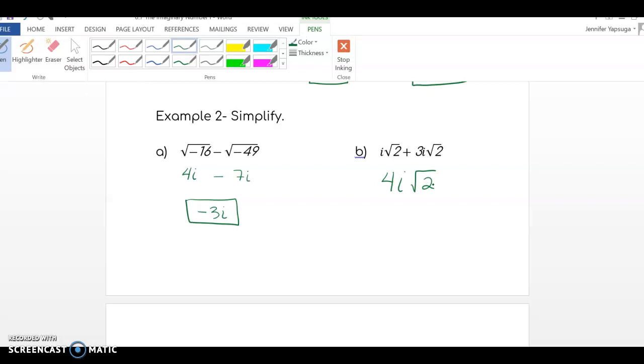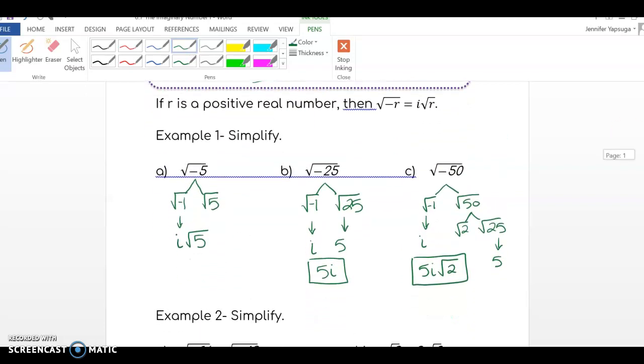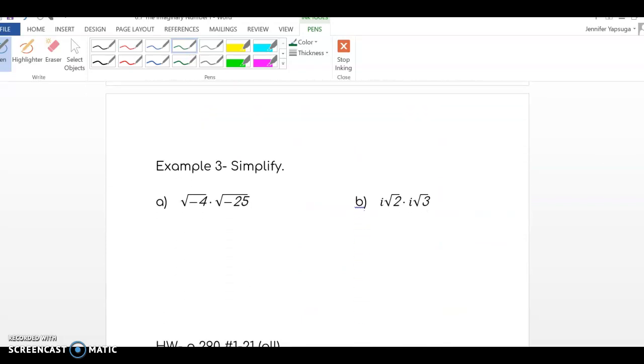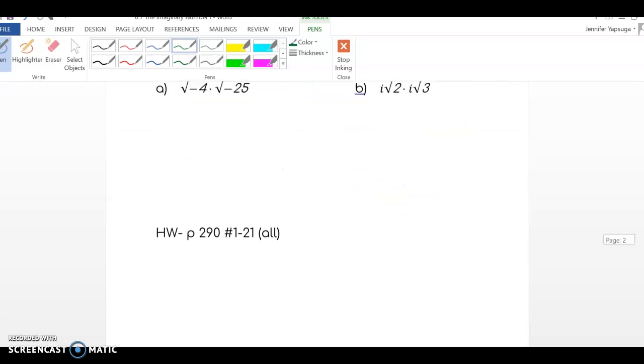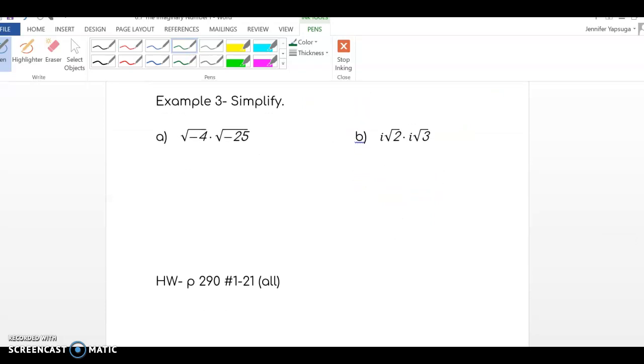All right, and then scrolling down to our last set of examples, in example 3, we're going to take a look at this. Now, our first inclination may be to multiply these two together, and unfortunately, in this definition of imaginary numbers, when you multiply those together, it does not give you the square root of 100.